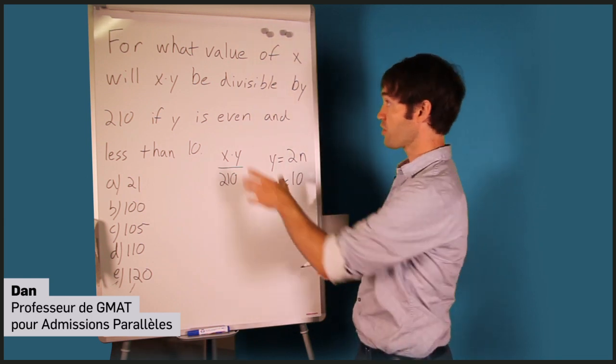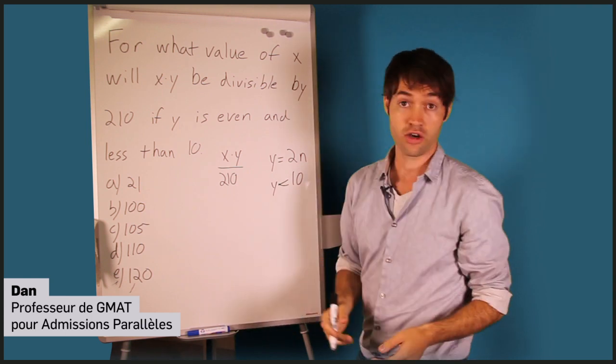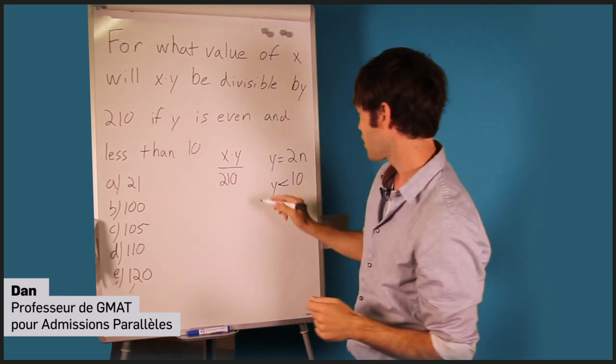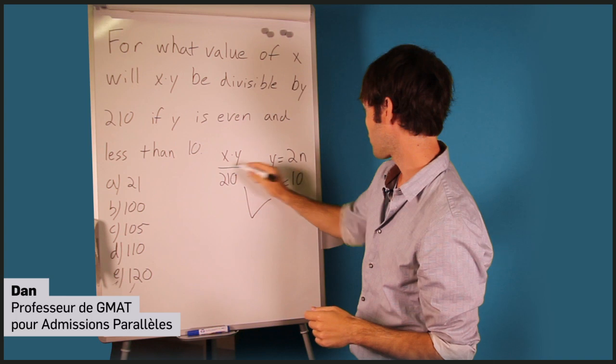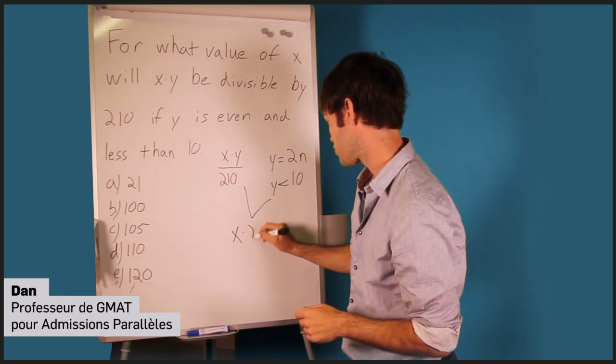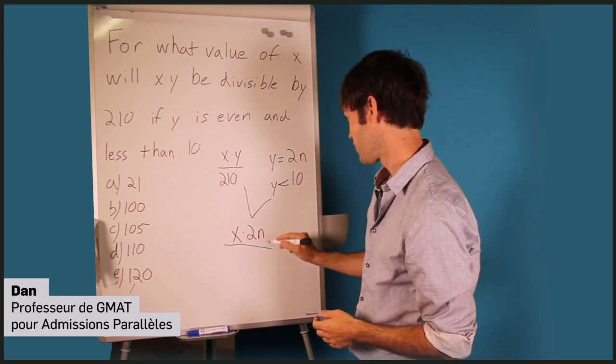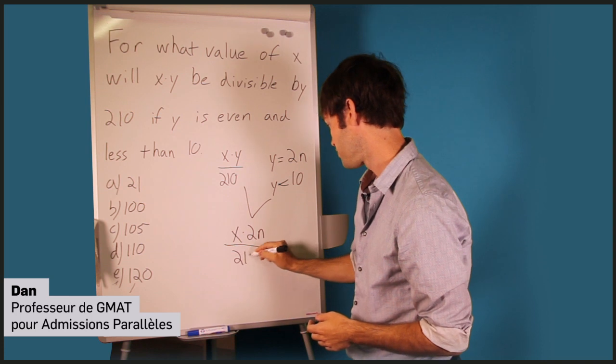All right, so now we have the translation of the first half and the translation of the second half, and now all we have to do is put the two translations together. So we plug in the y here. So we have x times 2 times some number, it doesn't really matter which number, divided by 210.